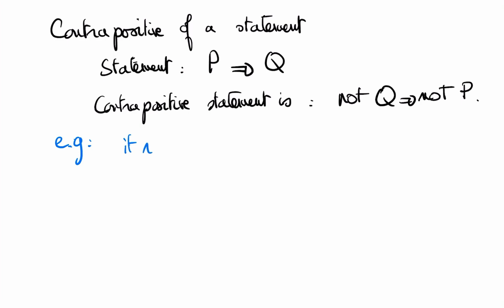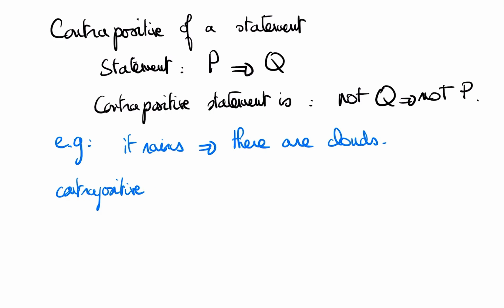It rains implies there are clouds. So the contrapositive is that there are no clouds. So basically I take the negation of the second statement. Therefore, it doesn't rain.